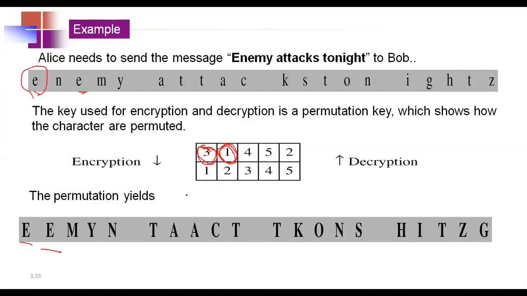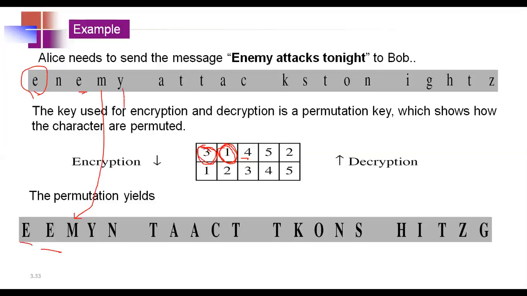Now this 4 specifies that the third position in the ciphertext is the 4th character of the plain text. What is the 4th character of the plain text? It is M. It should be in third position. Now at the 4th position there should be the 5th character.